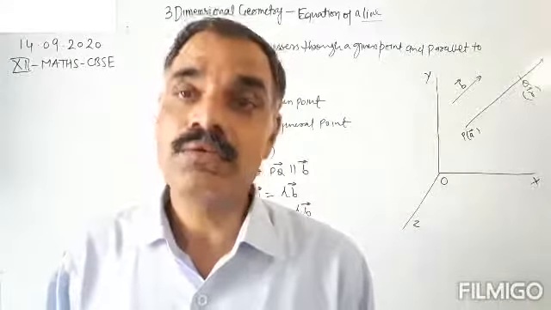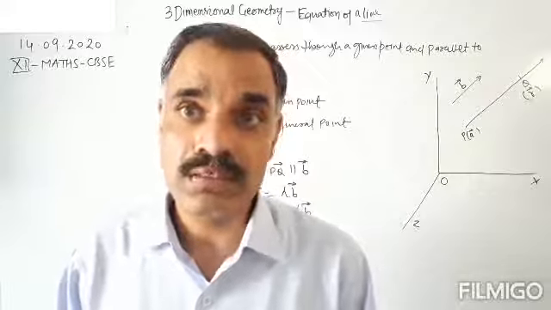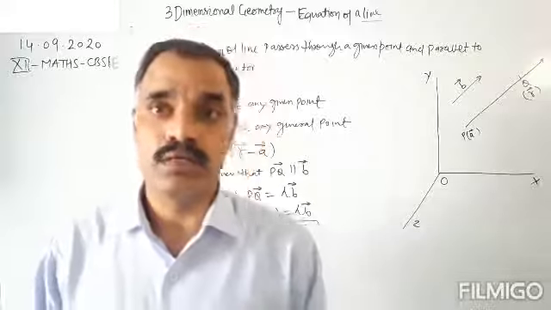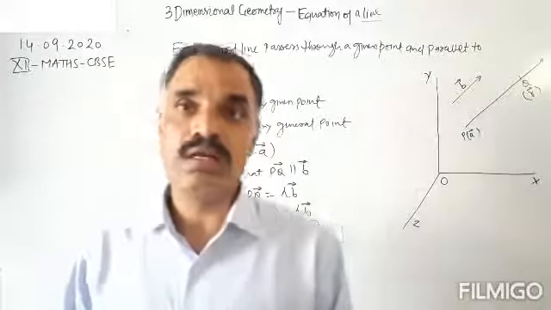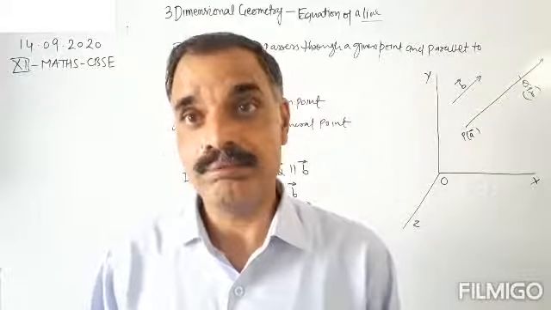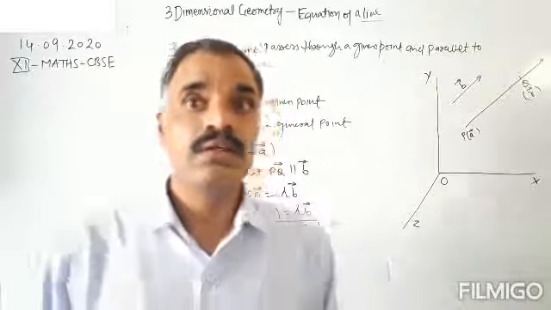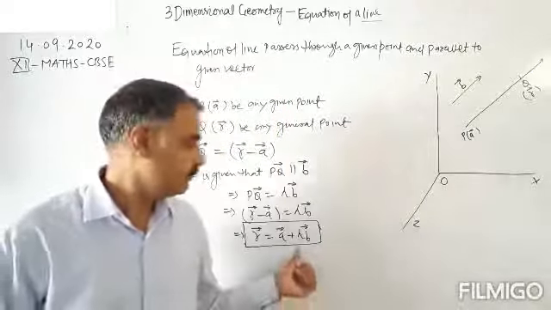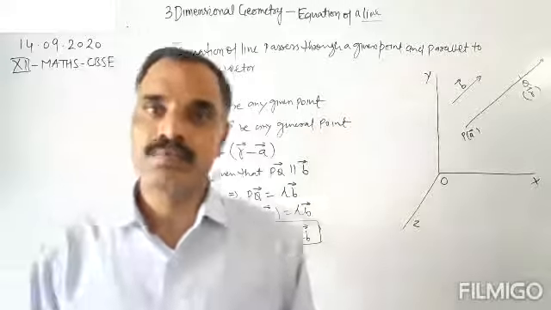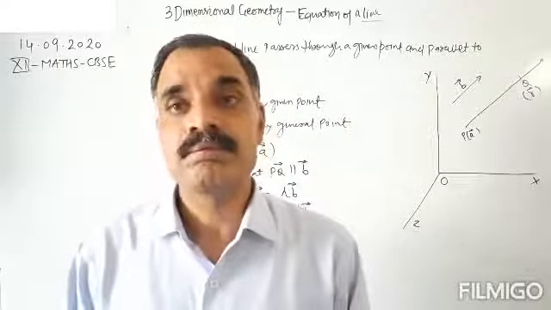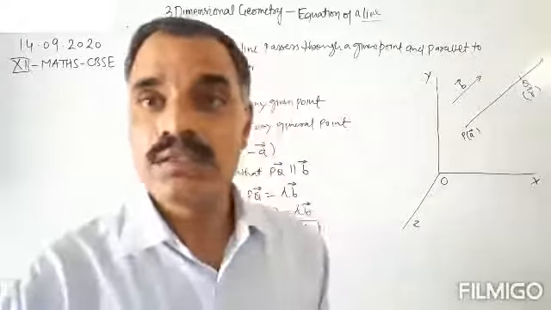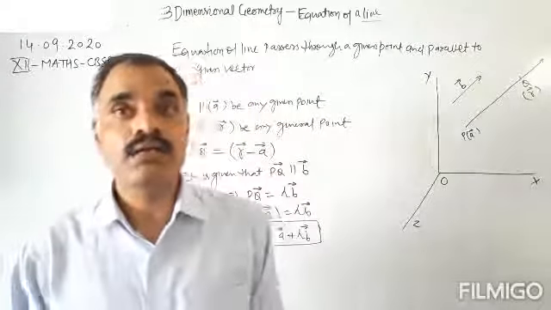But whenever we solve questions, we have to use only the formula of the equation of a line which passes through a point A vector and is parallel to the given vector B vector. We will use this formula, R vector equals A vector plus lambda B vector. This is the standard form of the equation of a line.